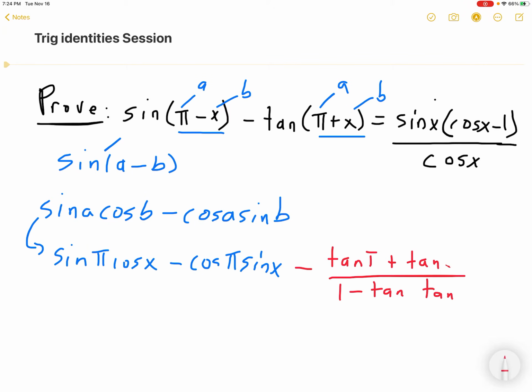So we're going to write pi and then x, and then pi and x.